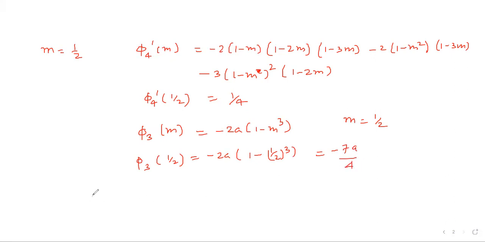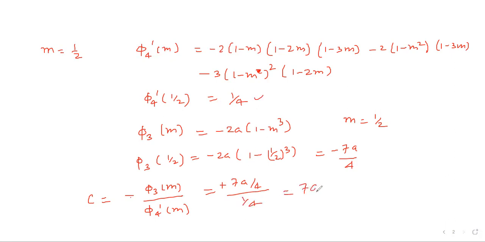Now, in this case, c will be given by minus phi 3m divided by phi 4 dash m. We put the values minus 7a by 4. There is already 1 minus sign. This will become plus divided by phi 4 dash m. And phi 4 dash m is 1 by 4. We put it here 1 by 4.